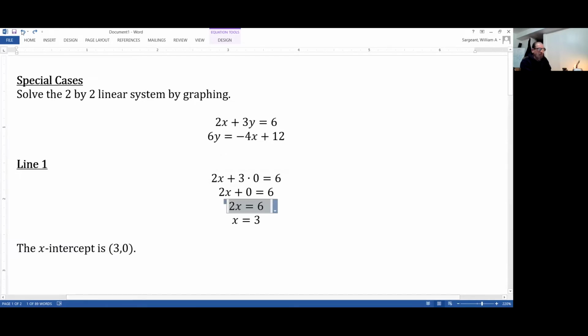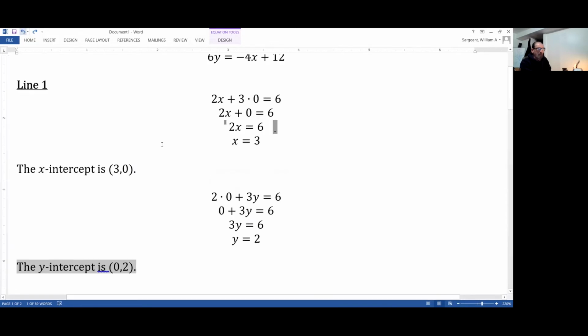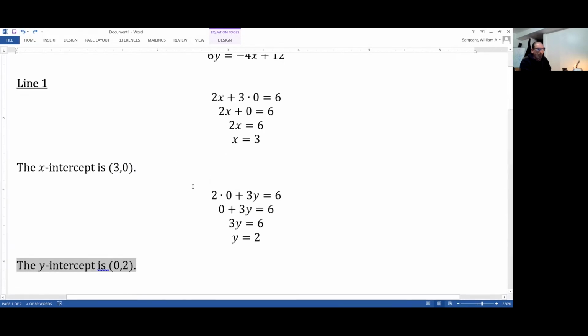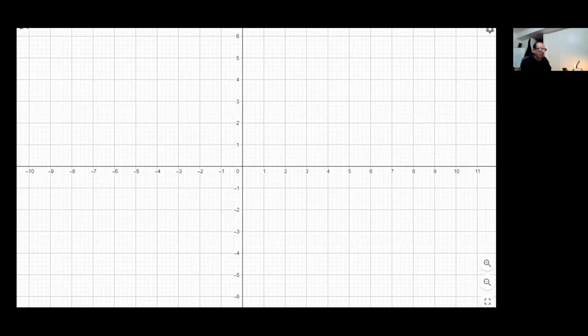Now to get the y-intercept, put in 0 for x. And we have 3y equals 6, so y equals 2. The y-intercept is at (0, 2). So I'm going to graph that line, plot the x-intercept at (3, 0) and the y-intercept at (0, 2), and then connect those.